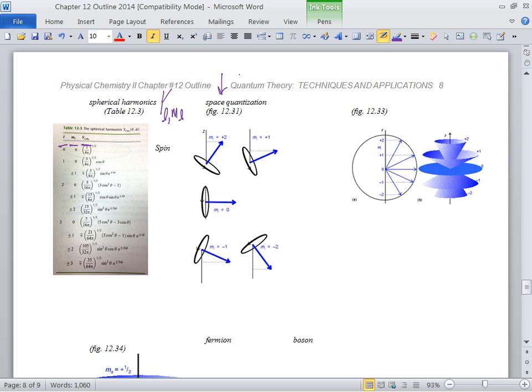But on page 335, they talk about this, and they say that you can get that length by saying the square root of L times L plus 1, times h bar, right? Well, h bar squared over 2I. Sorry, that's something else.